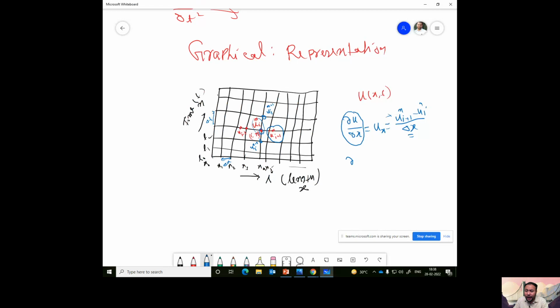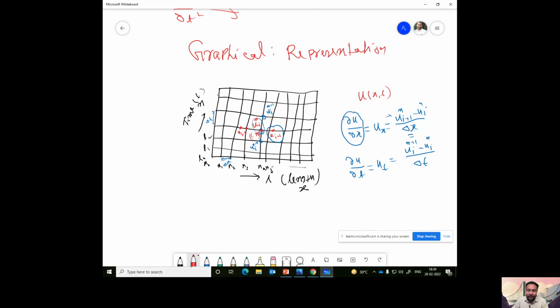Now, if I try to find del u by del t, it means partial differentiation with respect to t. Here it is delta t, okay? Since it is with respect to t, it is going to move up and down. That's why i will be constant here. So I get u i, n plus 1, minus u i, n. How can I get this value?